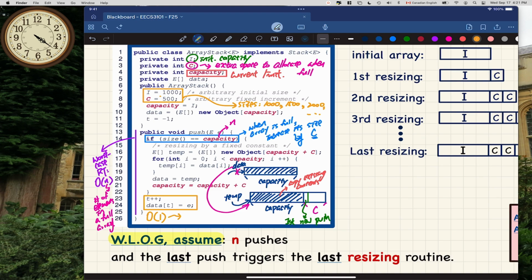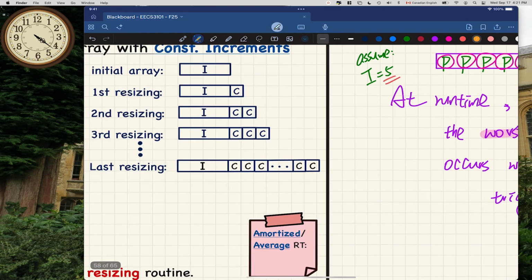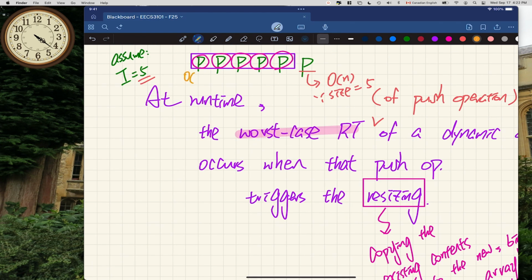This will be the running time when resizing is not needed. So these are big O of 1, big O of 1, big O of 1, big O of 1, and big O of 1.